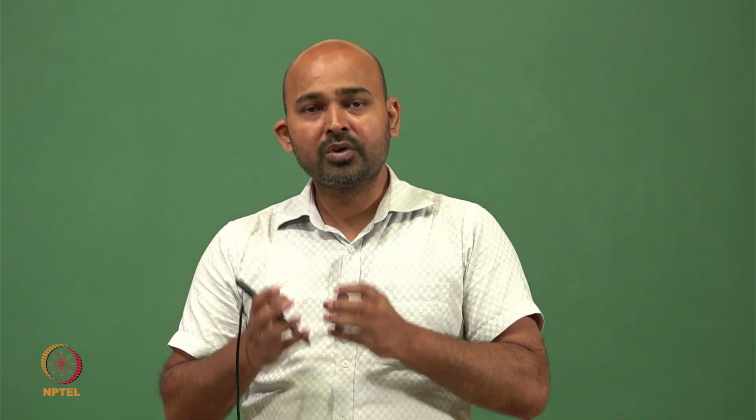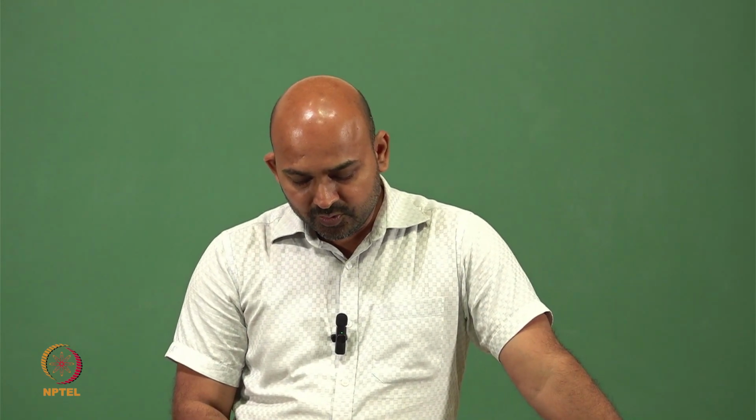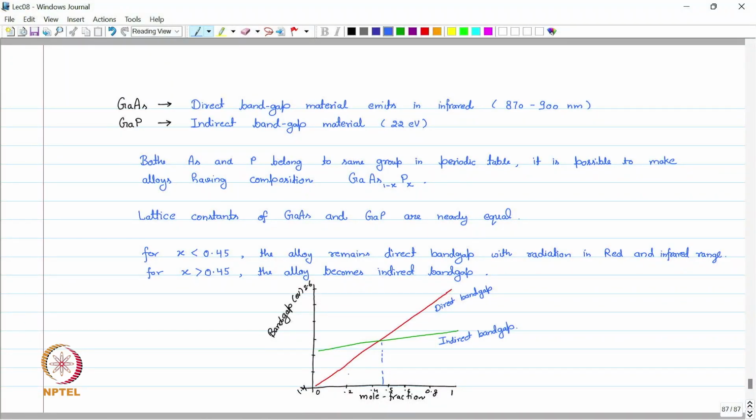So depending upon the mole fraction of how much phosphorus we add in the mixture, the band gap of material changes. Even if we reduce the mole fraction to 0.2, we can see the band gap is actually reducing compared to the band gap at 0.45 mole fraction. So this is how we can tune the band gap of material within a limit.